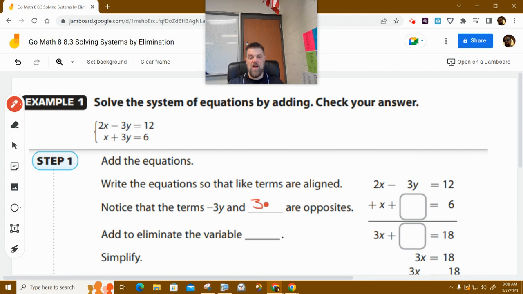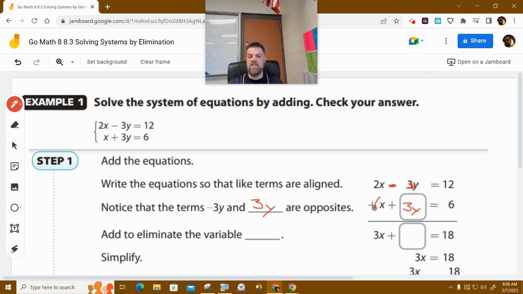Positive 3y and negative 3y are opposites, right? So this positive 3y is the opposite of negative 3y. Okay?